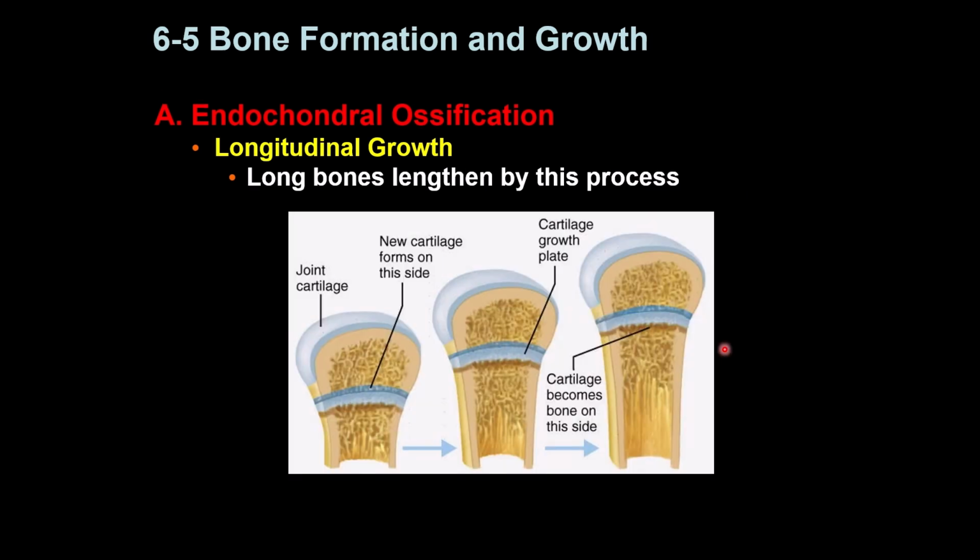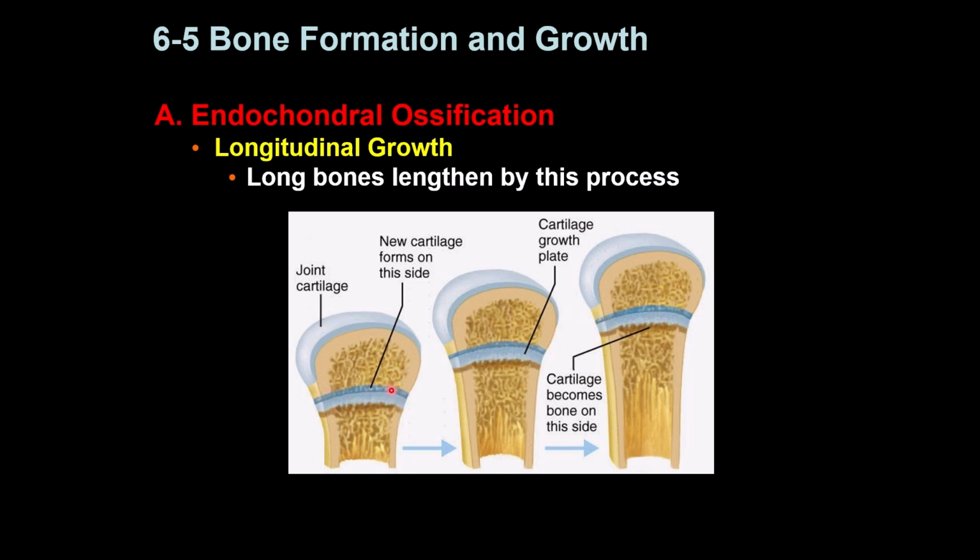Also the bone becomes longer. The part that is responsible for that is the epiphyseal growth plate, or cartilage growth plate, depending on the source that you read, it has the same meaning. And this is in the metaphysis in this area.